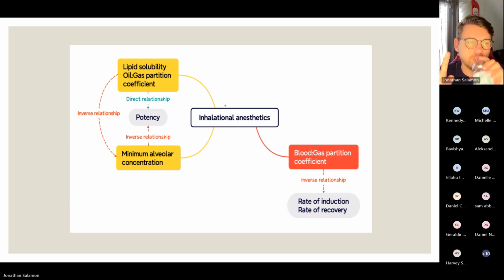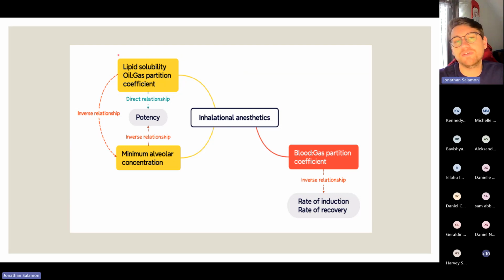Okay, really simply. High oil, more potent. Low gas, faster acting. Okay, why? If it has a high lipid solubility, it crosses the blood-brain barrier more readily.